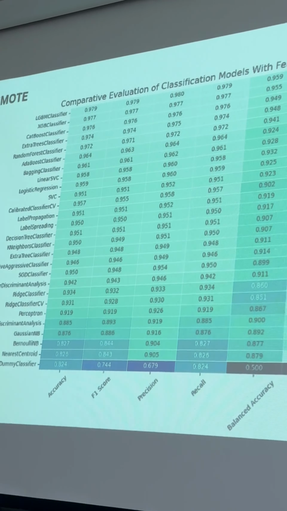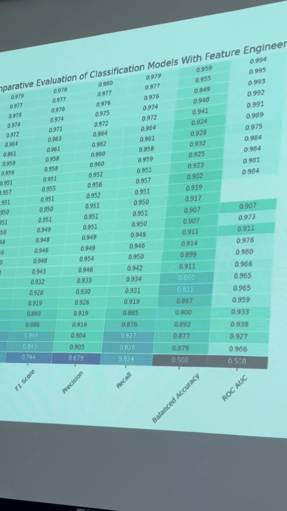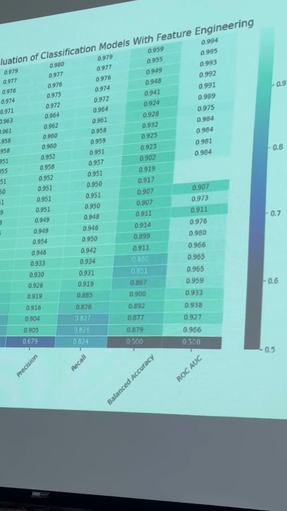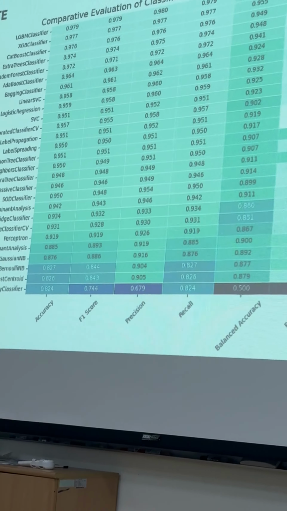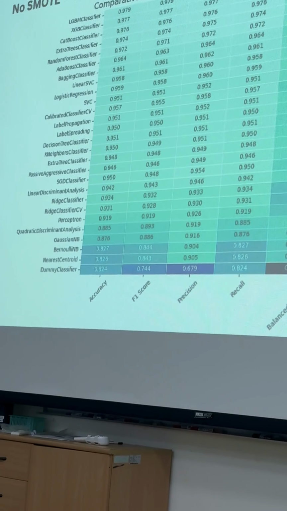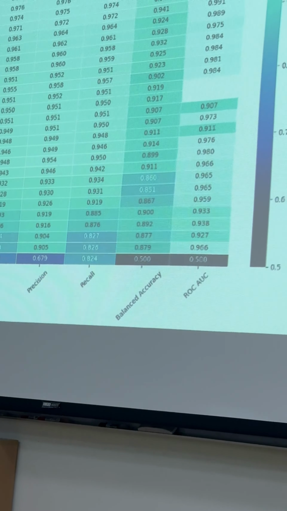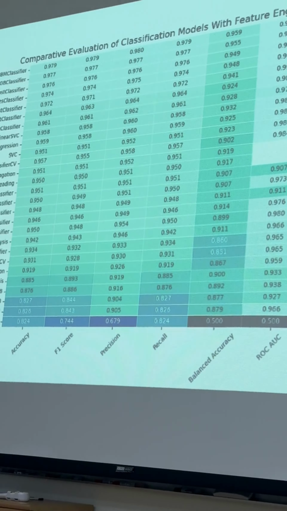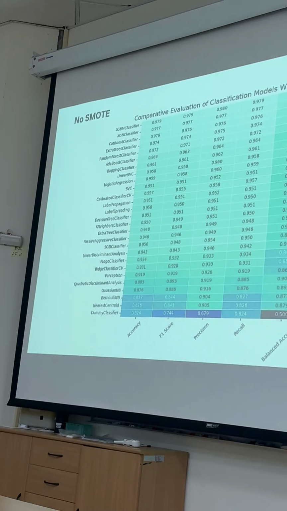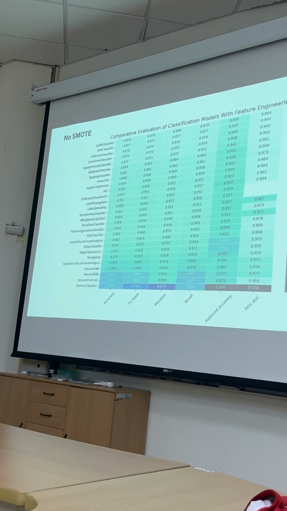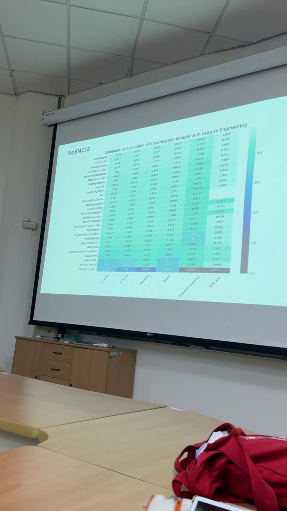Accuracy, F1 score, precision, recall, and ROC AUC are the performance metrics of a model. Accuracy is how many predictions were actually correct. F1 score is the harmonic mean of precision and recall.